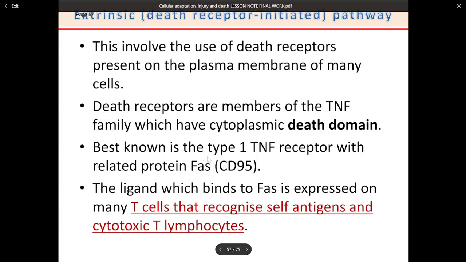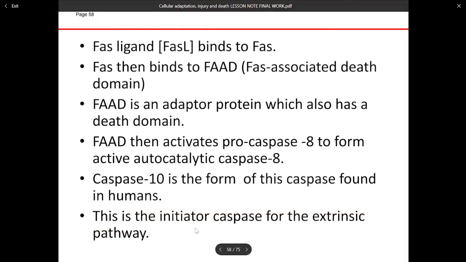Best known is the type 1 TNF receptor with the related protein FAS, CD95. The ligand which binds to FAS is expressed on many T cells that recognize self-antigen and on cytotoxic T lymphocytes.